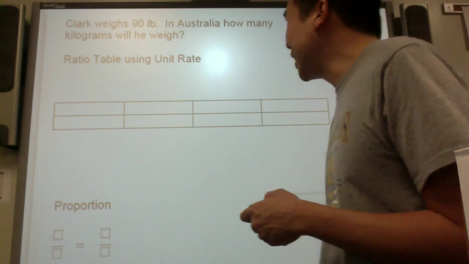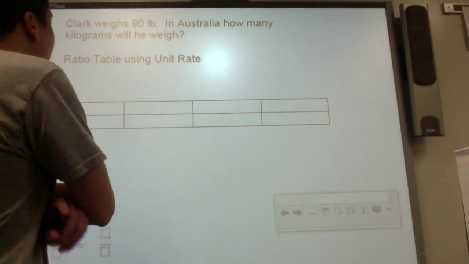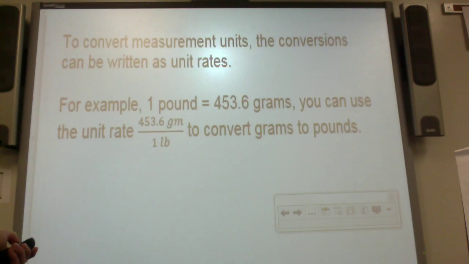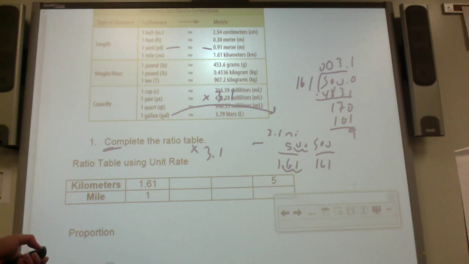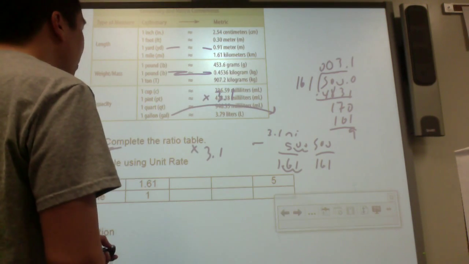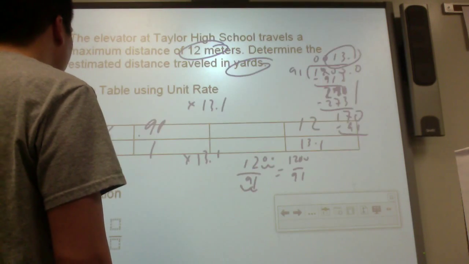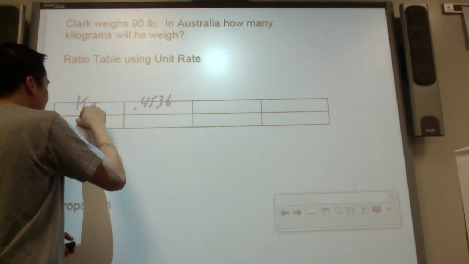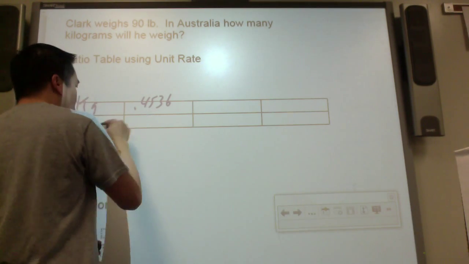Clark weighs 90 pounds. In Australia, how many kilograms will he weigh? So pounds and kilograms. Pounds, right here. 0.4536 kilogram is equal to 1 pound.